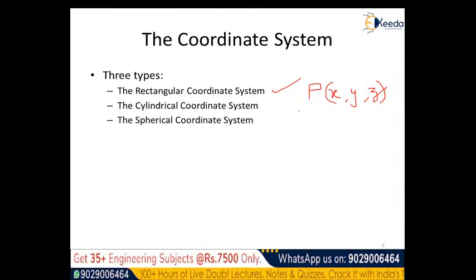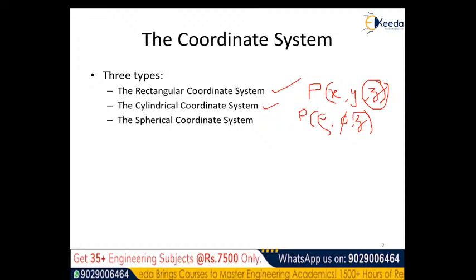For the cylindrical coordinate system that we have covered, the same point P we are going to represent with rho, comma, phi as the second coordinate, and z. So while we switch from rectangular to cylindrical coordinate system, the z parameter is common. Here rho and z are measures of length, but phi is the angle.